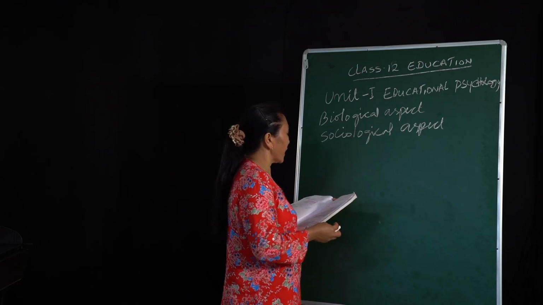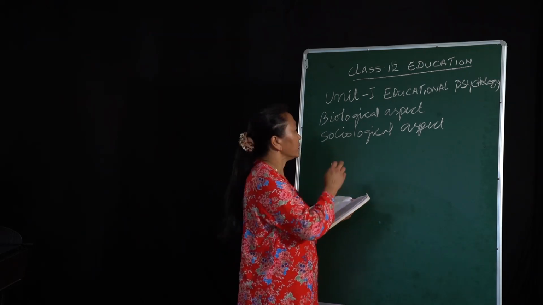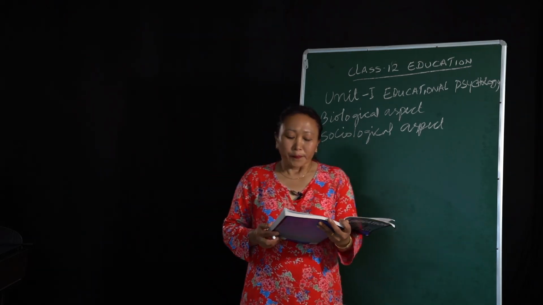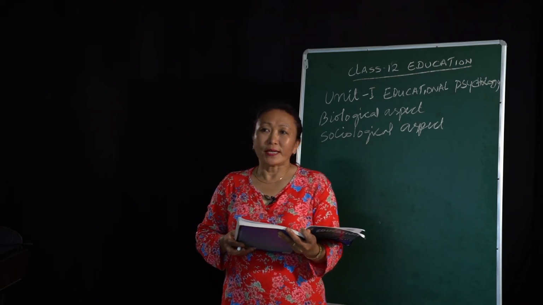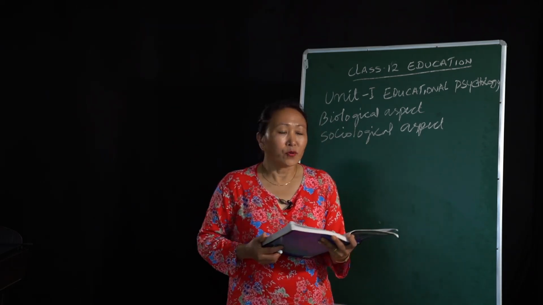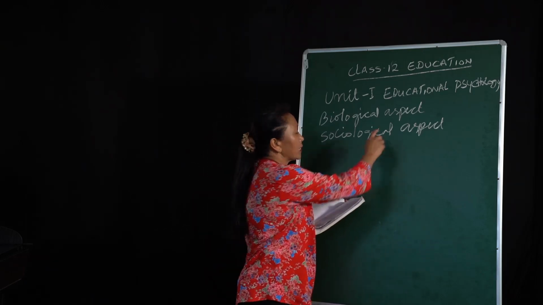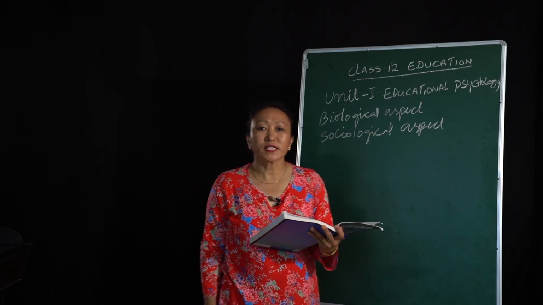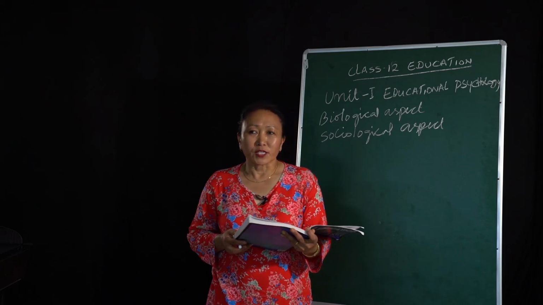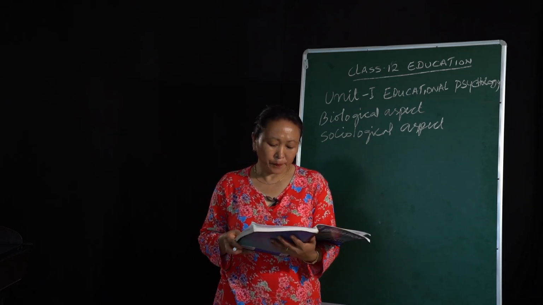The biological aspect is maintained and determined by nutrition and reproduction, whereas the sociological aspect or the social aspect is maintained and transmitted by education.